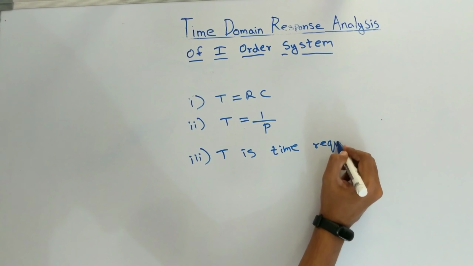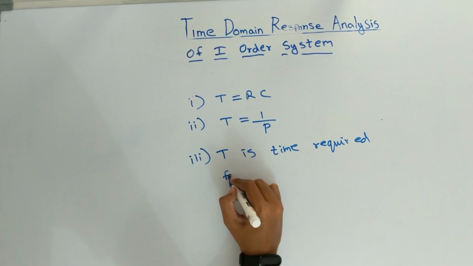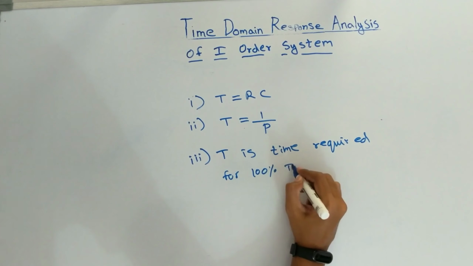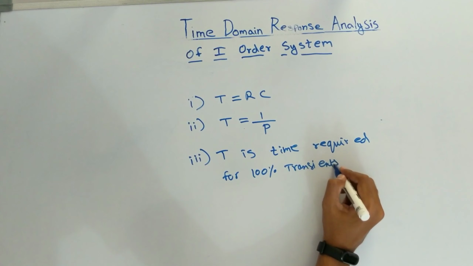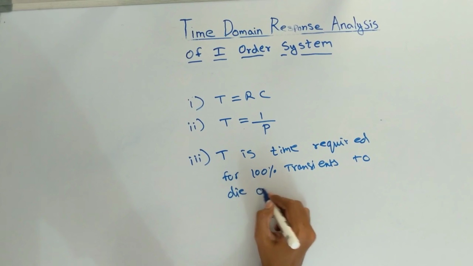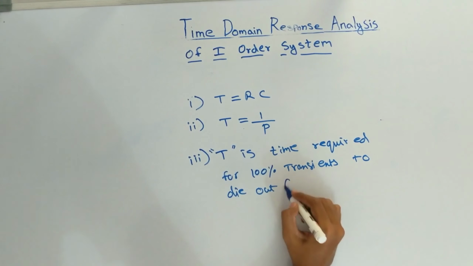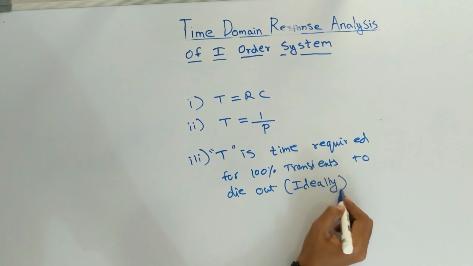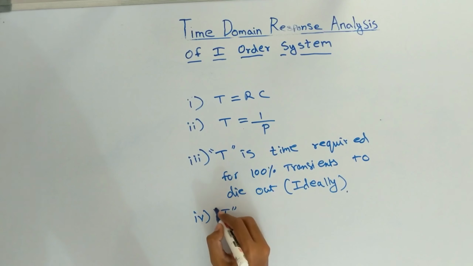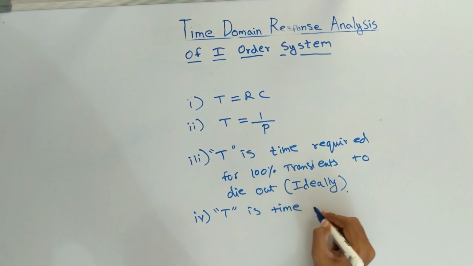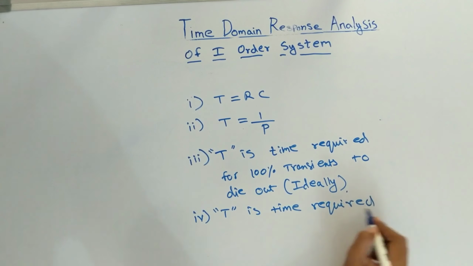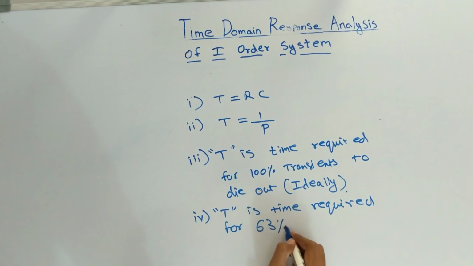Time constant is the time required for 100% of transients to die out, ideally. But practically, time constant is the time taken for 63% of transients to die out.